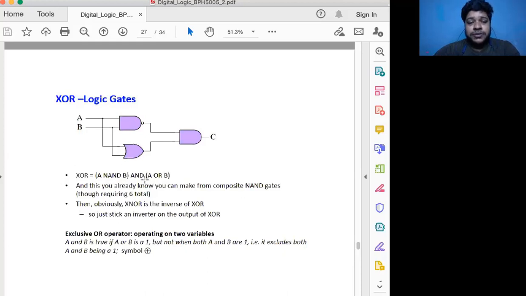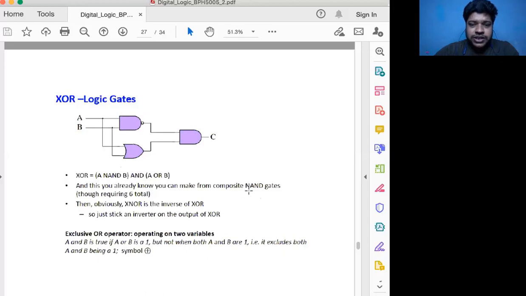So this is an expression for it, and if you already know this, you can make a composite NAND gate requiring 6 in total. You don't need 3 types of gates. You can make an OR gate using NAND, and you can make an AND gate using NAND.